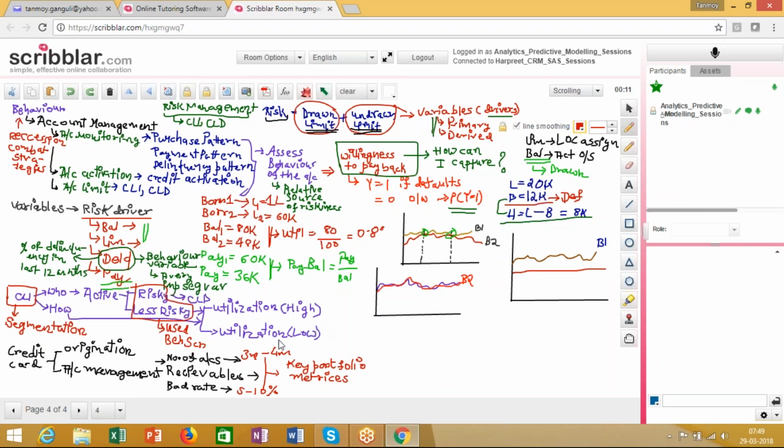The total receivables is nothing but the limit times the number of accounts having that limit, summed over all the values of the limits. Sorry, total receivables is the sum of the total usage that has been done on a card in the immediately preceding cycle, which gives you the overall receivable. So this is the idea.